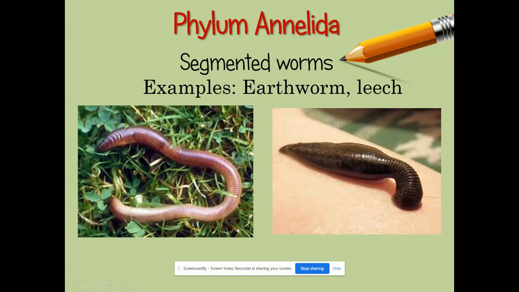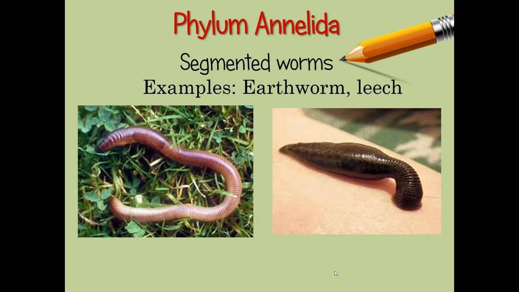The first ones are called the annelids, phylum Annelida. These are the segmented worms. And just some examples of these worms are earthworms and leeches. There are so many different species of earthworms and so many different species of leeches, but these are just general terms for them.